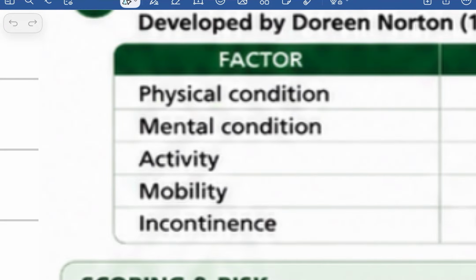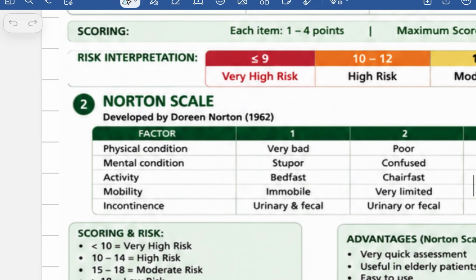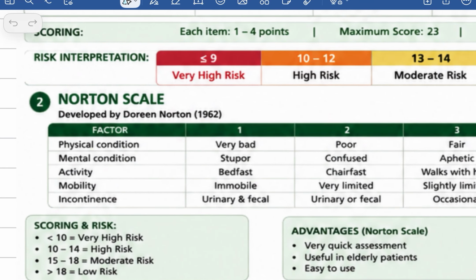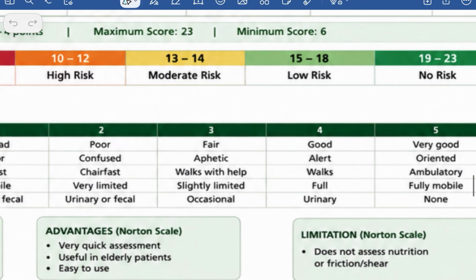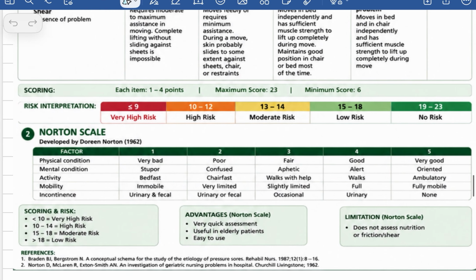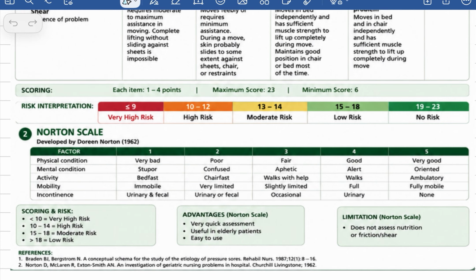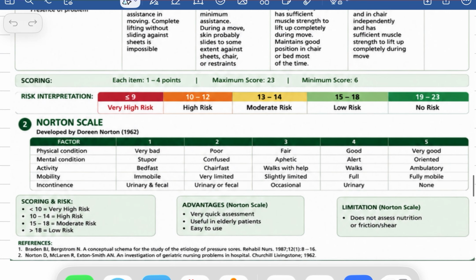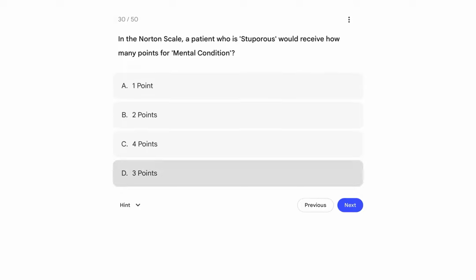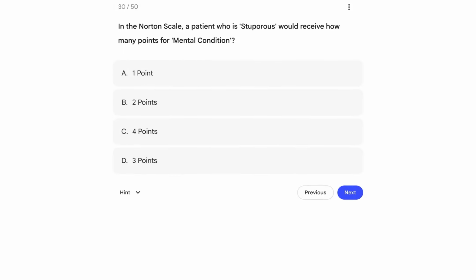So, by seeing their score itself, you can say how many points it will get. Okay. So, stuporous is there, confused is there, apathy is there, alert is there, oriented is there. So, totally we have 1 to 5 scoring. Among that, the question is, what will the point be? Now I have shown it.